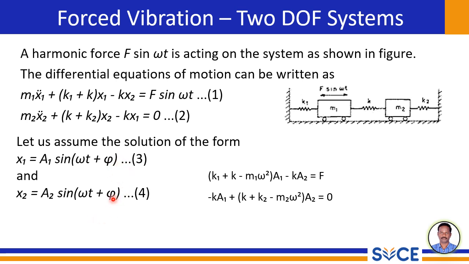Substituting this assumed solution into the differential equations of motion and simplifying, we can obtain two algebraic equations. These equations can be solved simultaneously to find the amplitudes A1, A2 and the phase angle. The phase angle can also be determined from these equations or by considering the initial conditions.